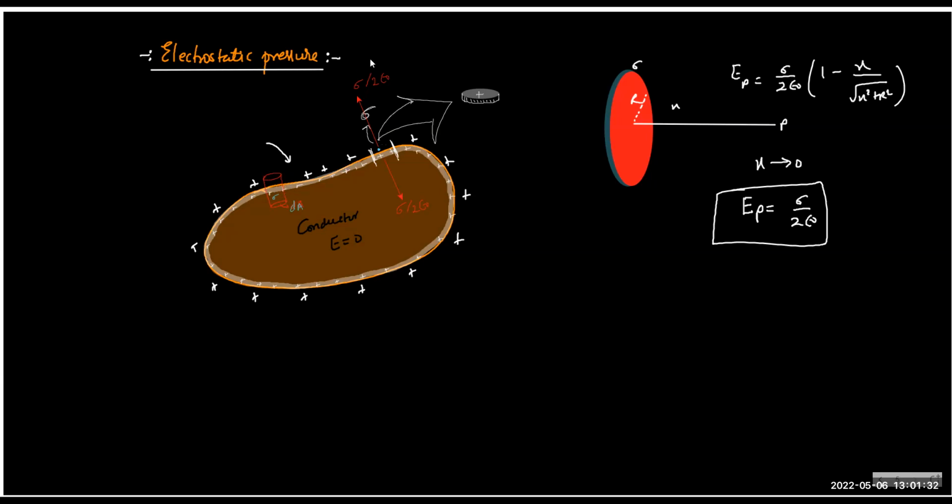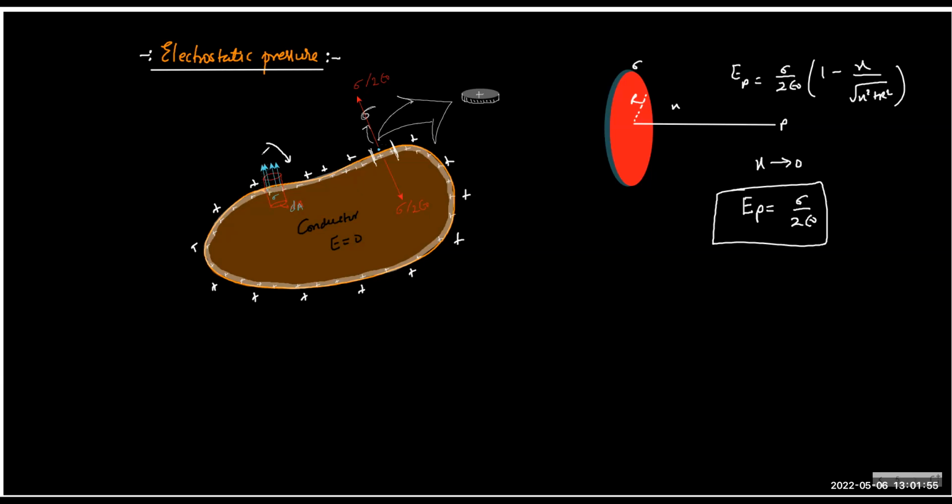So the electric field near the surface is going to be perpendicular to the surface, correct? Yes, sir. The electric field at this location will be perpendicular to the surface, isn't it? Yes.